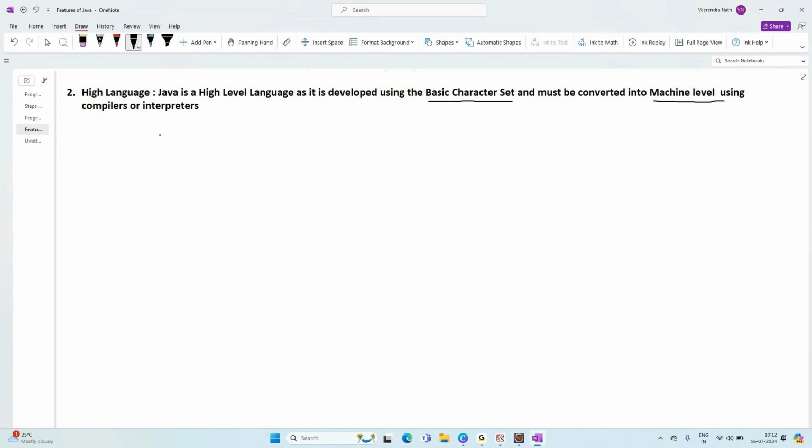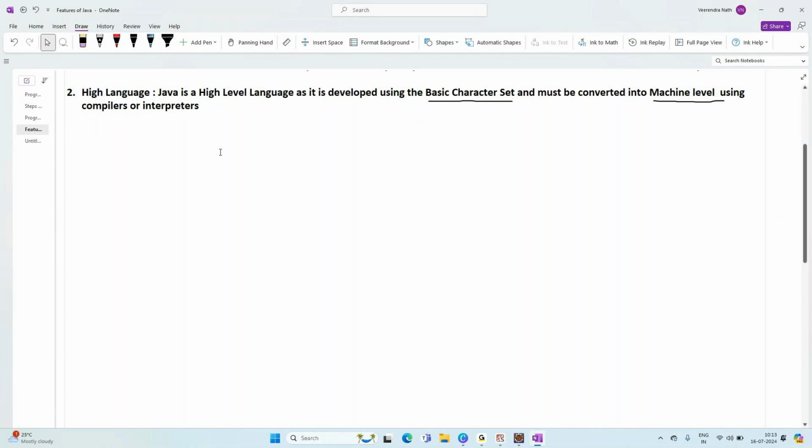Whatever you write in the program will be converted into binary language, or machine language, or machine code. So how exactly we will interpret that kind of conversion, we will understand now.